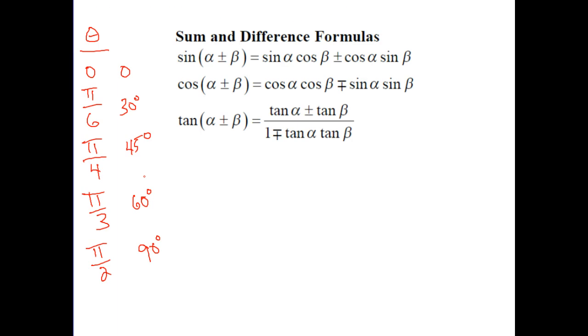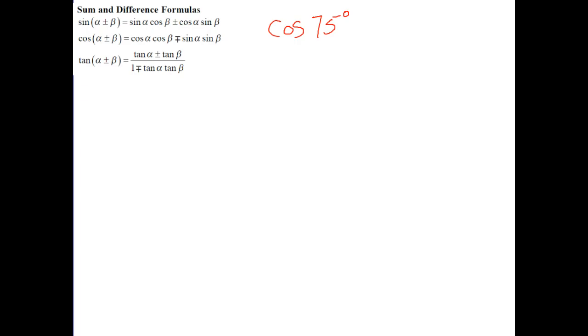So let's look at an example. What is the exact value of cosine of 75 degrees? We have to figure out, can we rewrite 75 as either a sum or difference of these 5 angles? Well, 75 can be written as the sum of 30 plus 45, so we can rewrite this as the cosine of the quantity 30 plus 45.